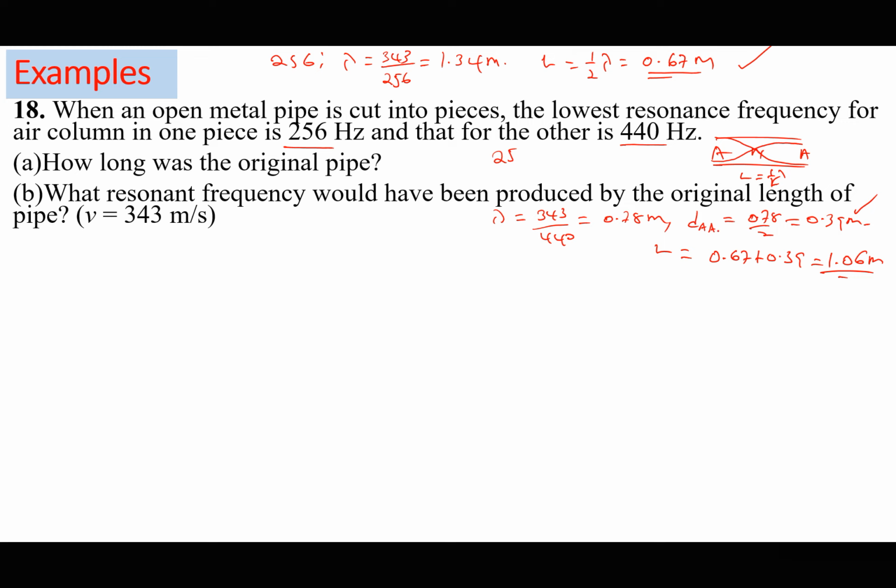So now I have to find a new wavelength in this case, because if L equals 1.06, and remember the distance between an antinode and an antinode is equal to half of the wavelength.